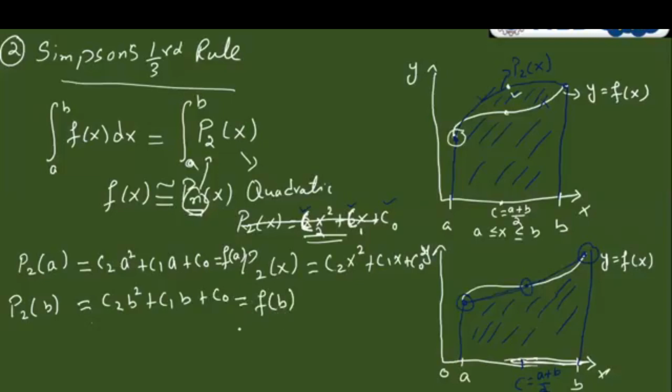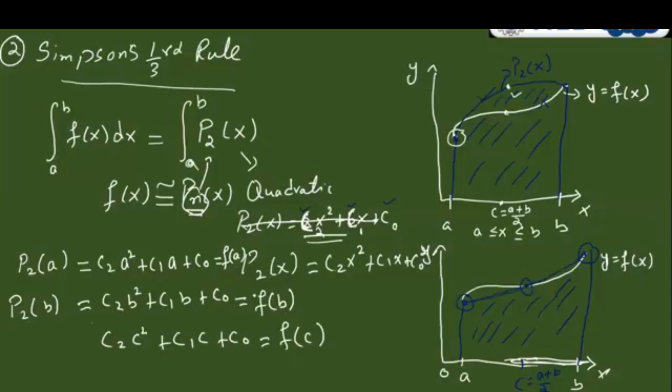The third condition will be obtained using this midpoint. If I put c instead of x, I must get C2 c square plus C1 c plus C0, and this must be equal to f of c.